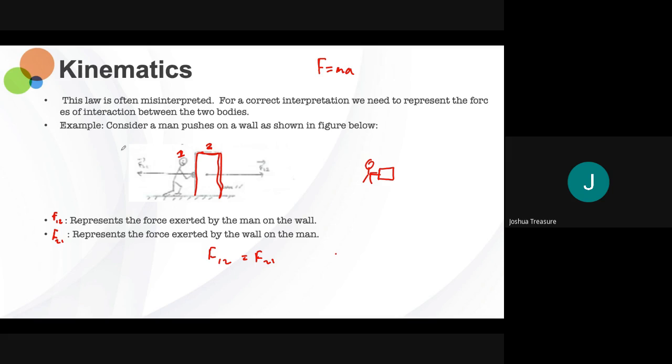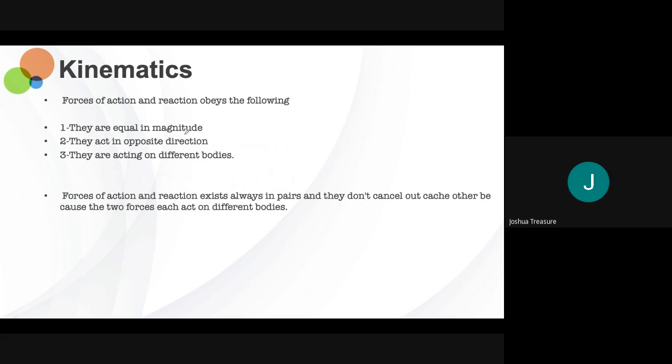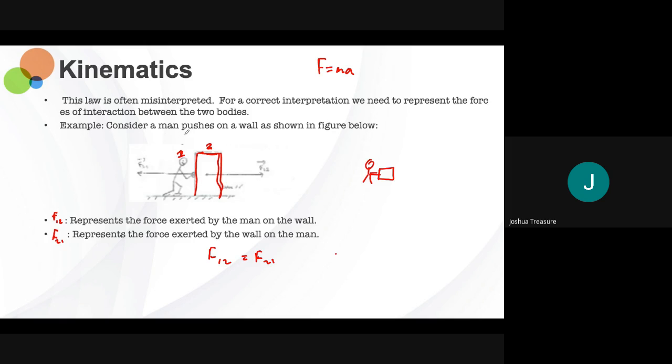You should look at it now as the wall supporting you. It's not just you leaning against the wall. If the wall was not able to produce that amount of force, that would cause an acceleration, and you would fall. So these two forces act in opposite directions. This is the force that two exerts on one, and the force that one exerts on two. They are in opposite directions.